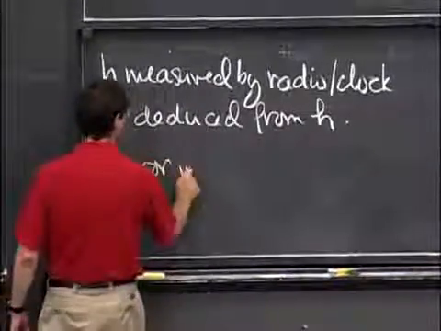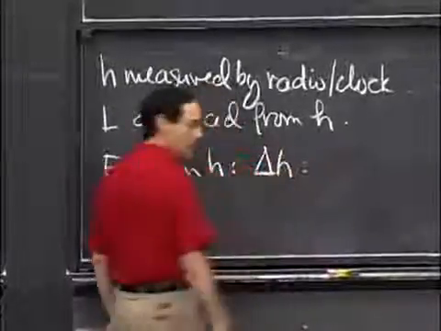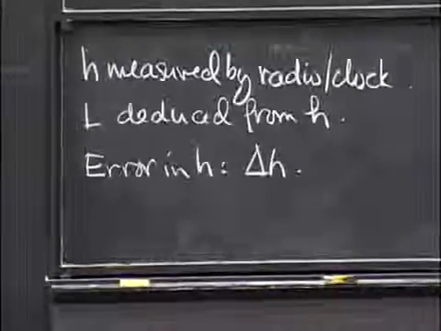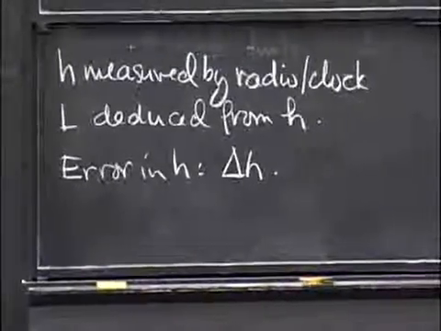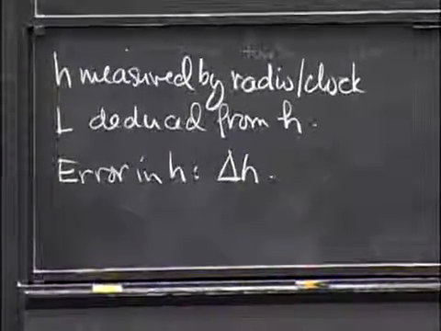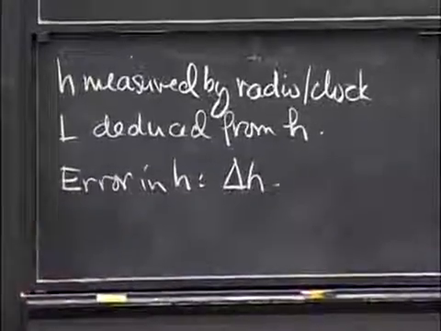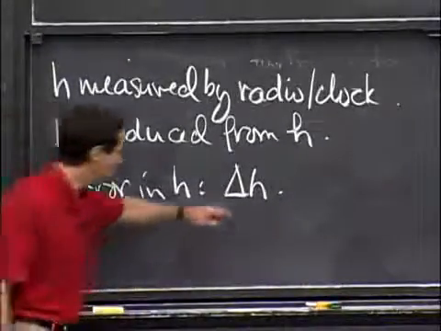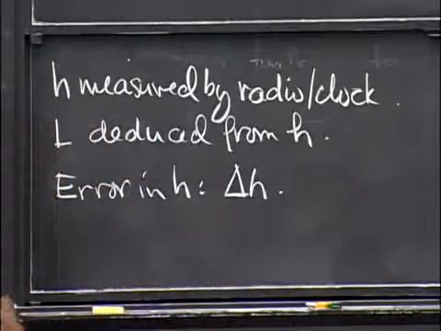There's an error in h, which we denote delta h. There's some degree of uncertainty. The main uncertainty in GPS is from the ionosphere, but there are lots of corrections made of all kinds. Also, if you're inside a building, it's a problem to measure it. But it's an extremely important issue, as I'll explain in a second.